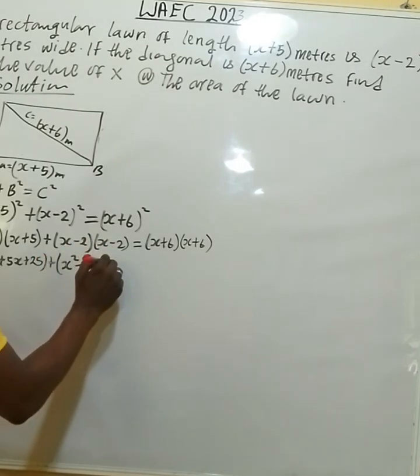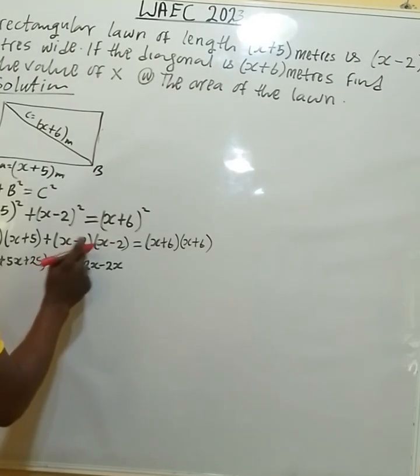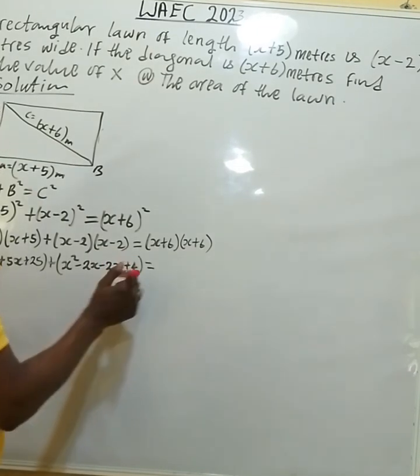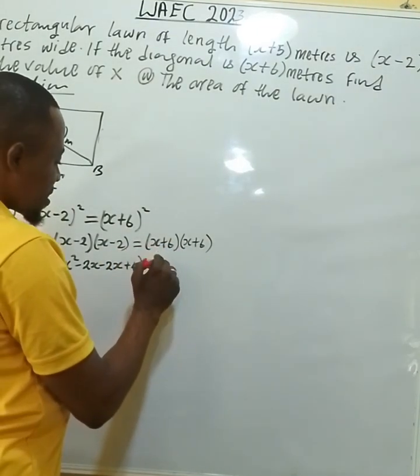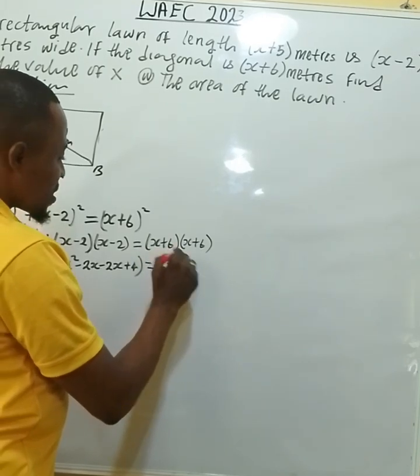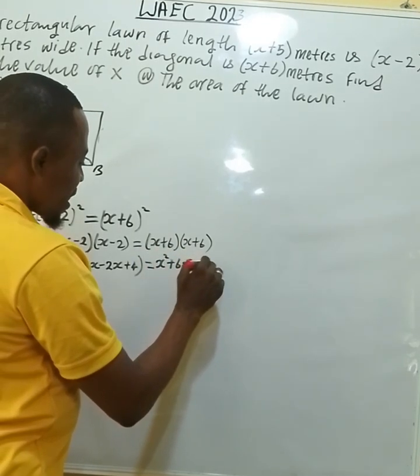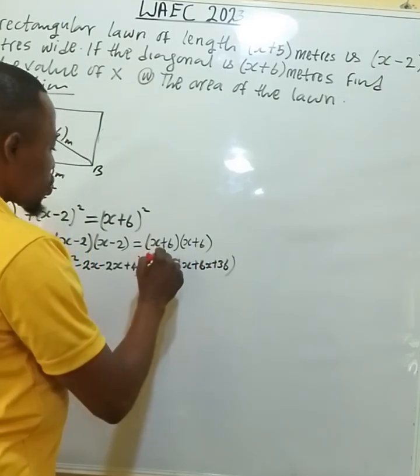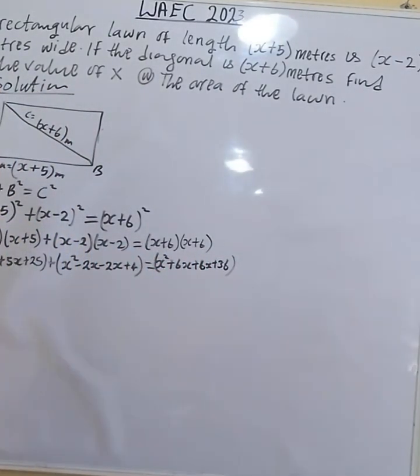Minus 2 times x is minus 2x. Minus 2 times minus 2 is plus 4. Equals x times x, x squared, plus 6x plus 6x plus 36. That's another square.